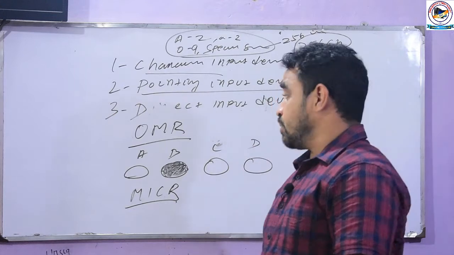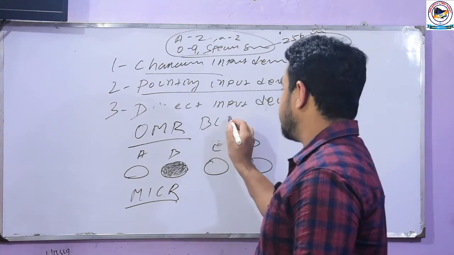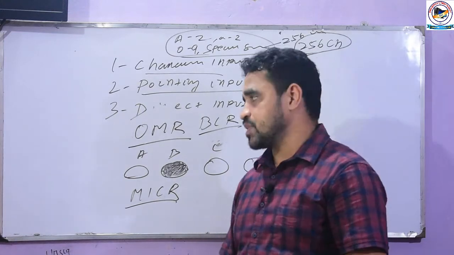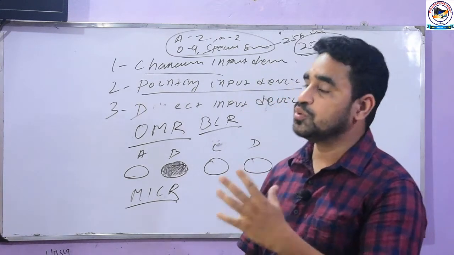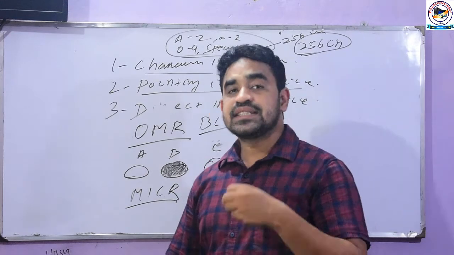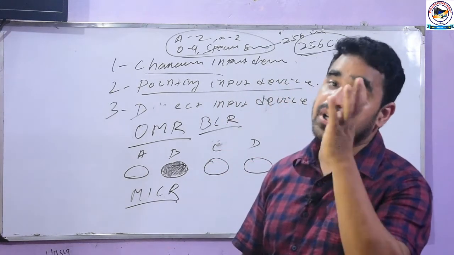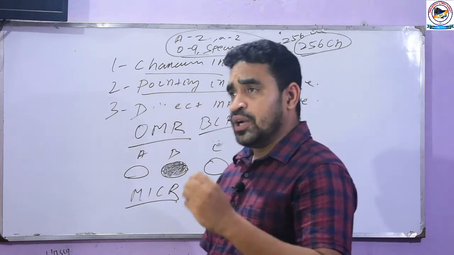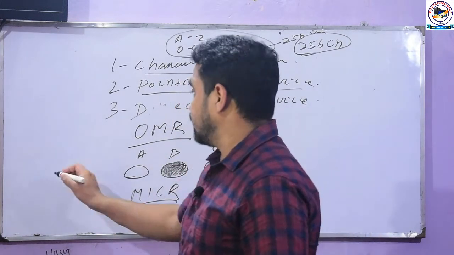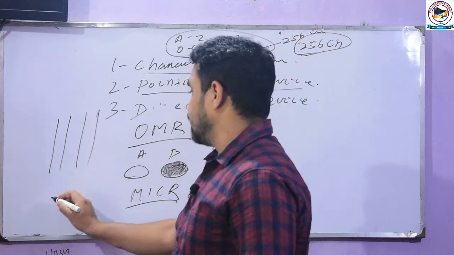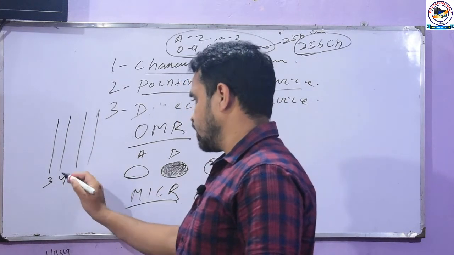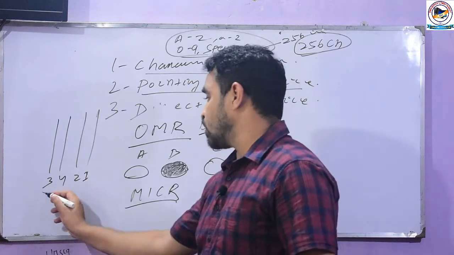Then we discuss BCR. BCR stands for barcode reader. It is a special type of scanner. It is used to check different products like book, pen, pencil, etc. When you look at your book there are different bars and those bars contain different numbers.